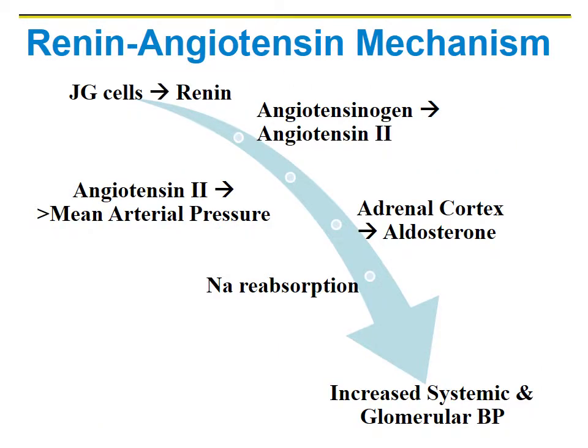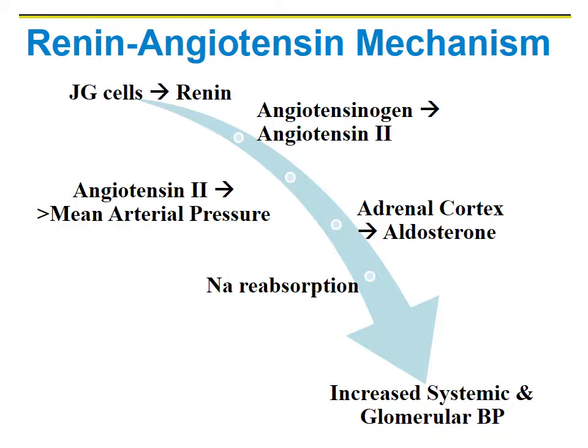A diagram of the renin-angiotensin pathway. When blood pressure is low, JG cells detect it and secrete renin. Renin converts angiotensinogen into angiotensin II. Angiotensin II does two things. One, it's a potent vasoconstrictor body-wide, so it directly increases blood pressure.